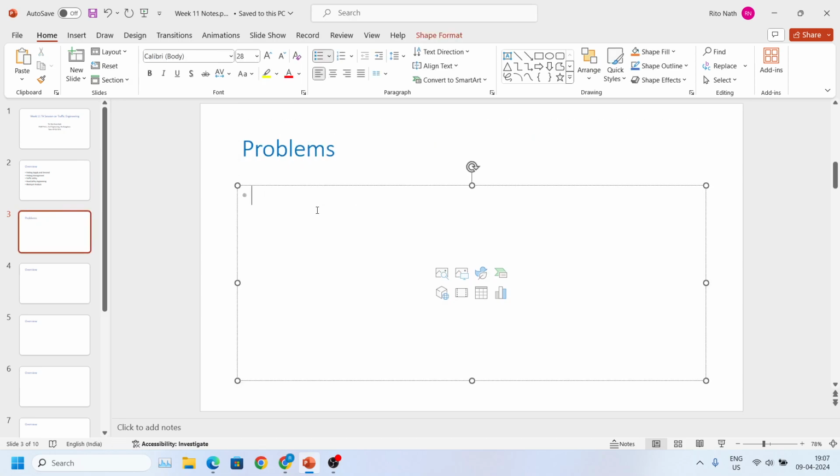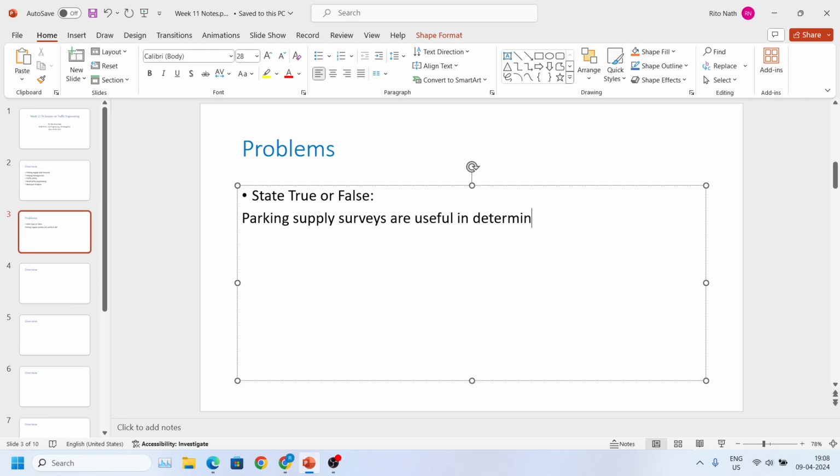The first one is straightforward. It says, state true or false: parking supply surveys are useful in determining short-term parking demand.